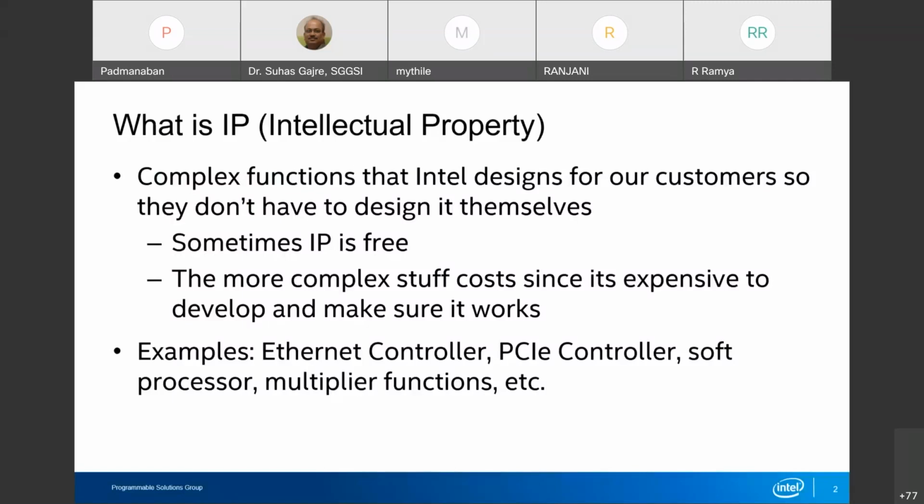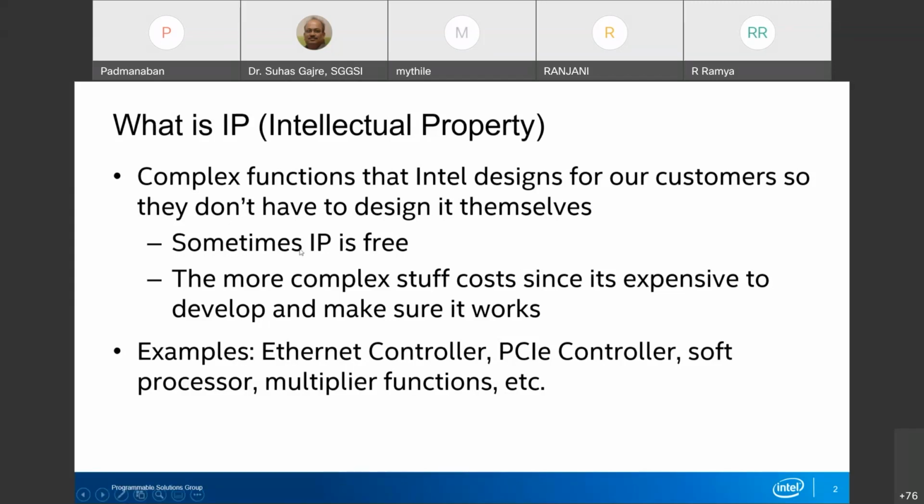These are complex functions that Intel designs for our customers, so they don't have to design them themselves. That means IPs are pre-designed, pre-tested, and pre-verified. That's what is already available. It is like on the shelf, you can get it, and then you can reuse it.